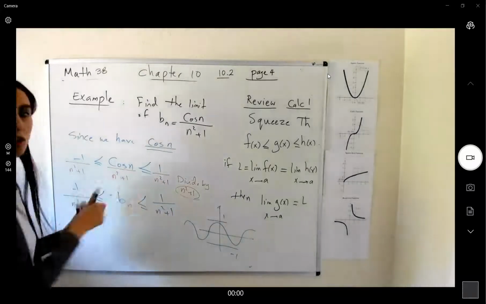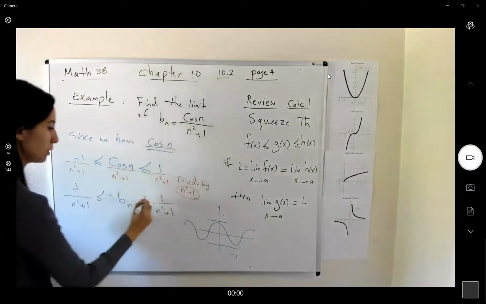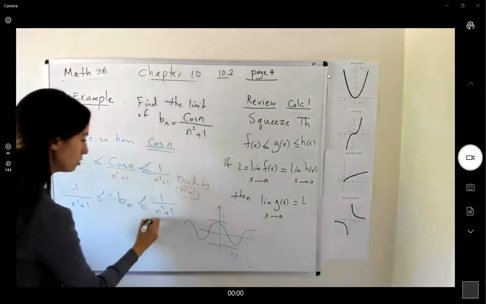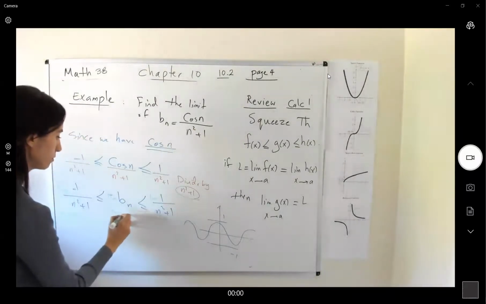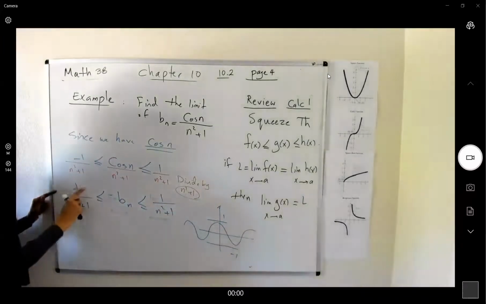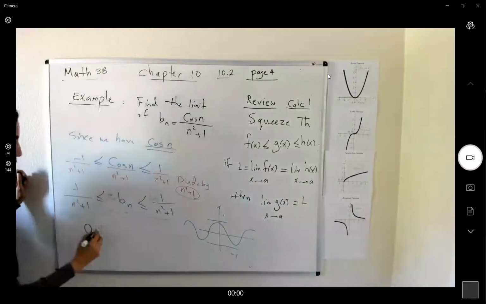Take the limit of all of these while n goes to infinity. The limit of -1 over infinity is 0.